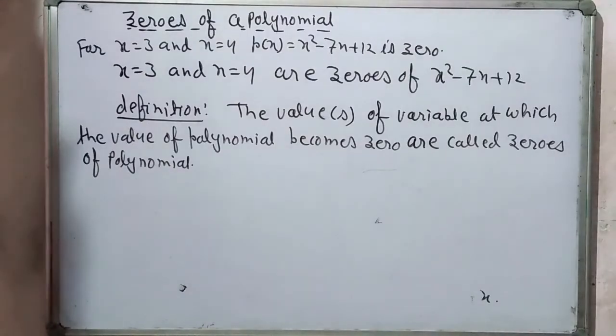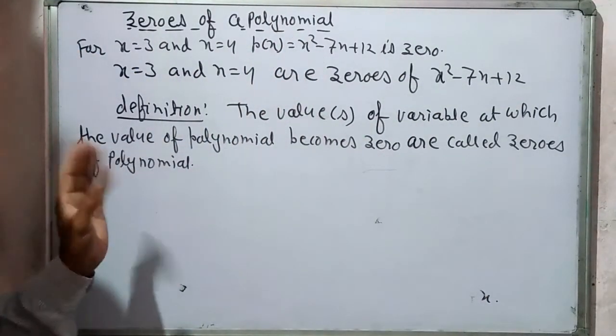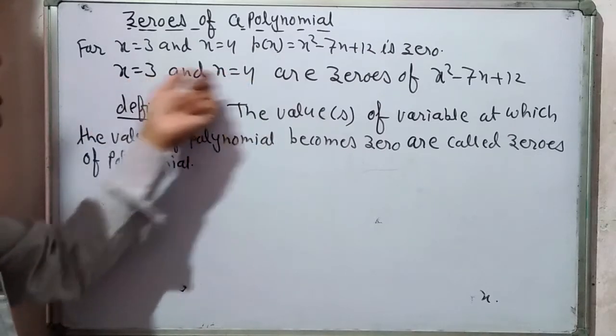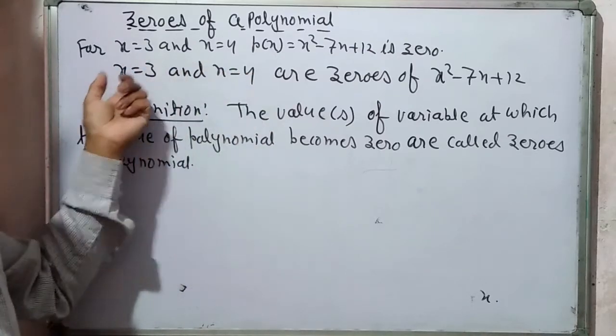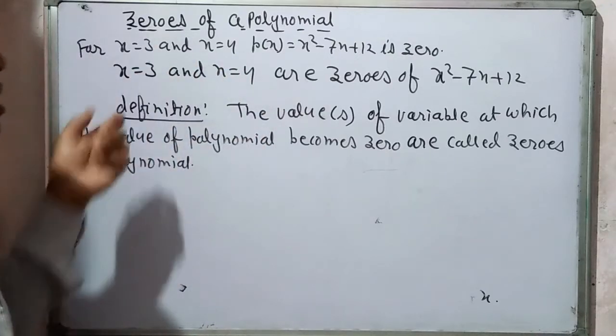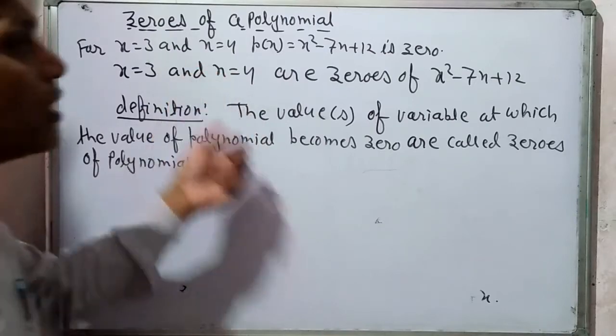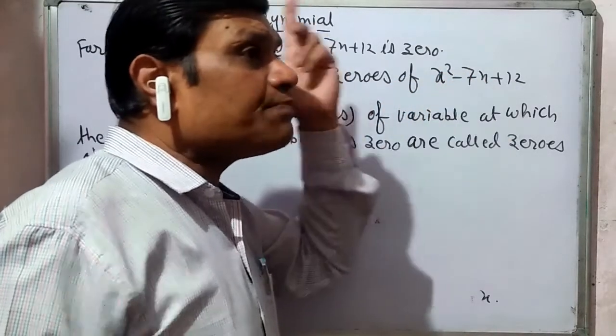Many students confuse in this. Make it very clear. 0 is not the value of the variable. x is not 0. How do we define? The value of the variable. It may be more than 1. Two values are there. At this particular value, the value of the polynomial is becoming 0.